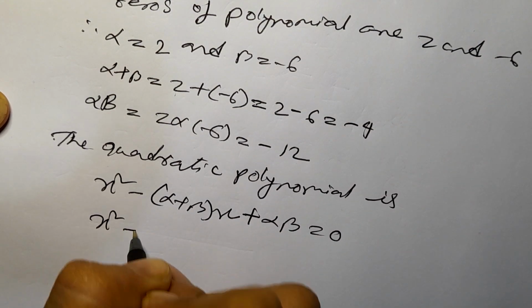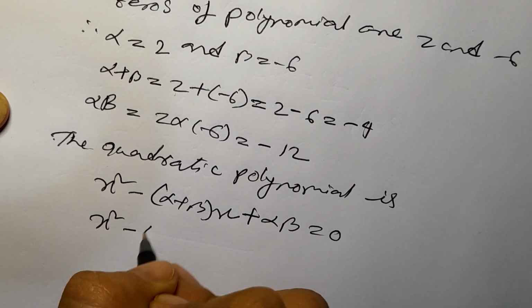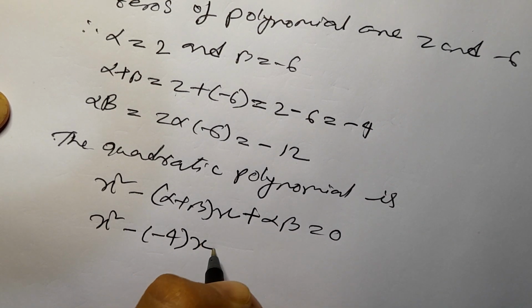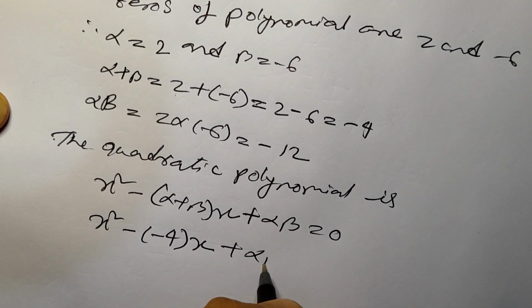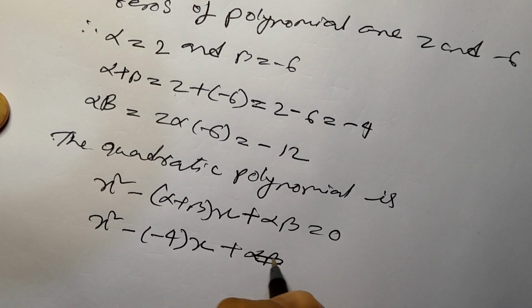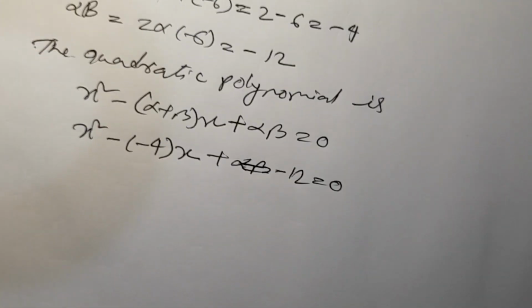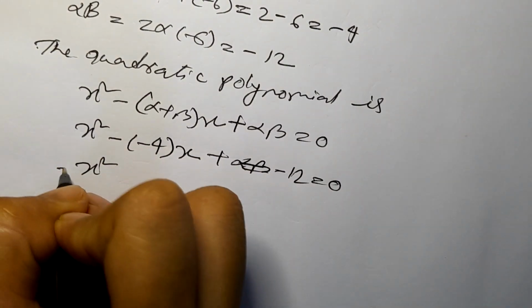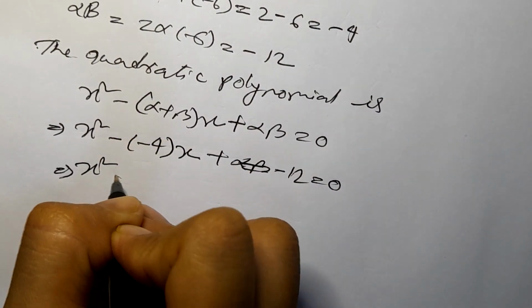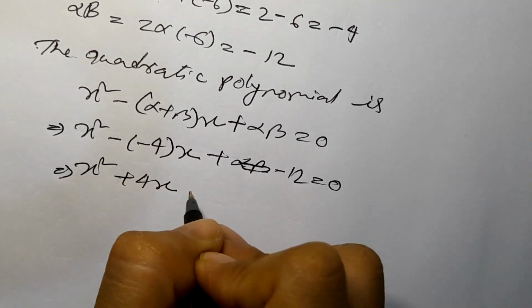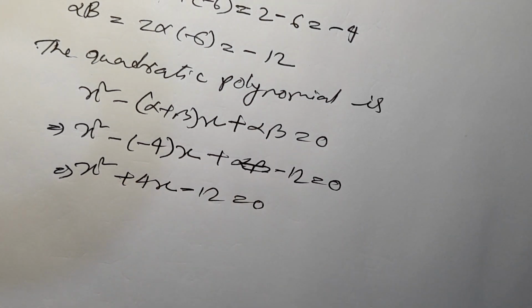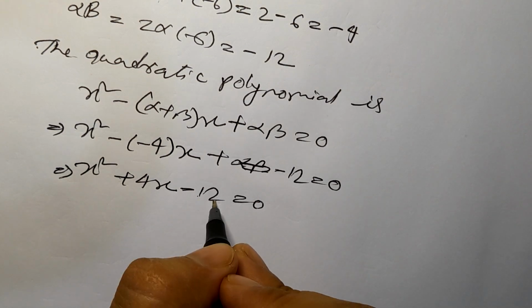So x square minus the alpha plus beta, that is minus 4, x plus alpha beta. The value of alpha beta, that is minus 12, equal to 0. Now it will be x square, minus into minus, there will be plus 4x minus 12 equal to 0. This is the quadratic polynomial.